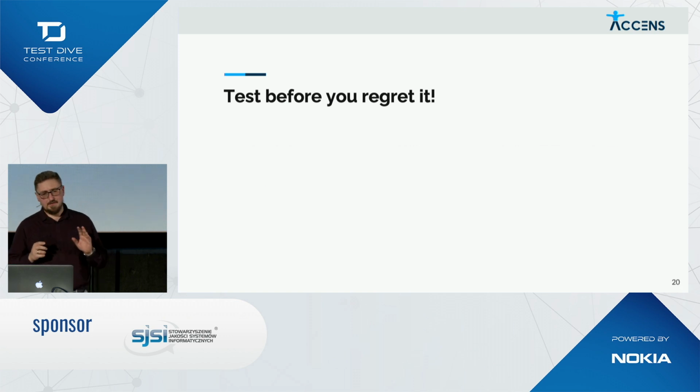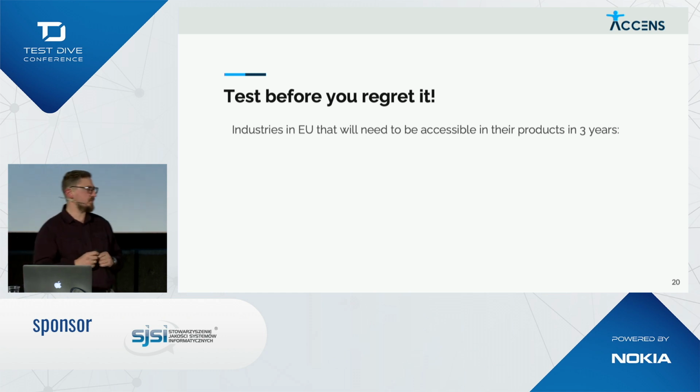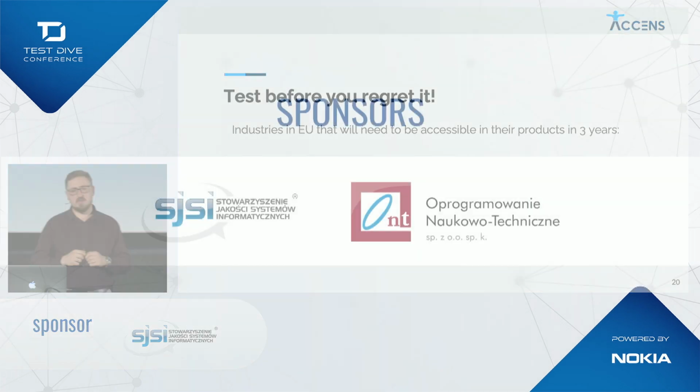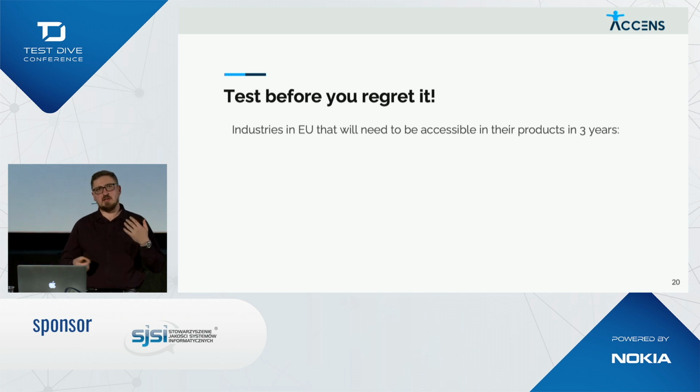That's the current situation. The situation which is coming is more interesting, because in 3 years, the EU Parliament decided that a number of products and areas need to be accessible.